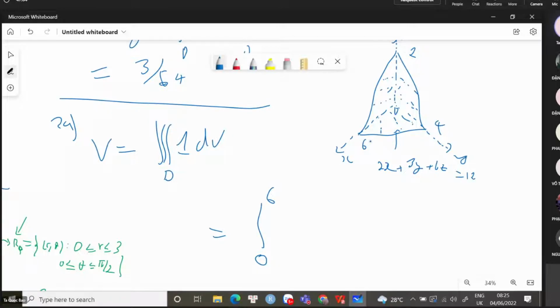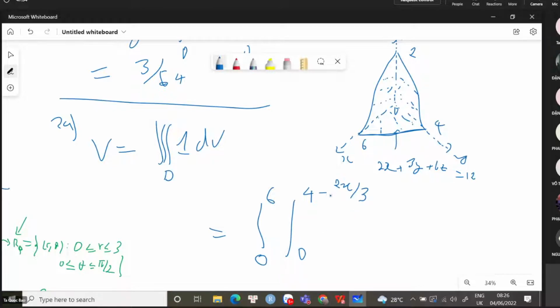When it's on the plane OXY, this line is 2x plus 3y equals 12. Therefore, y from 0 to 4 minus 2x over 3.